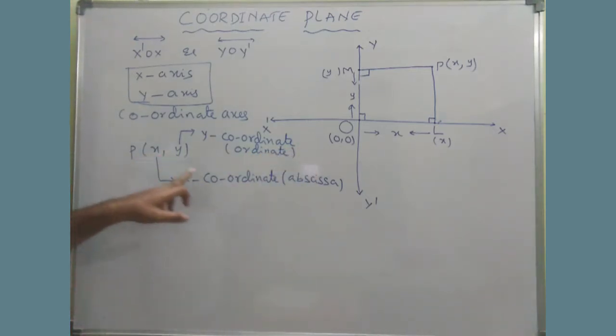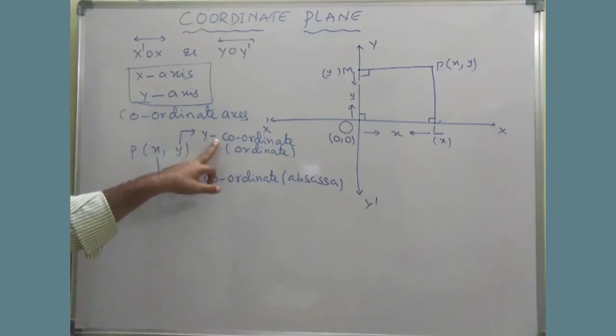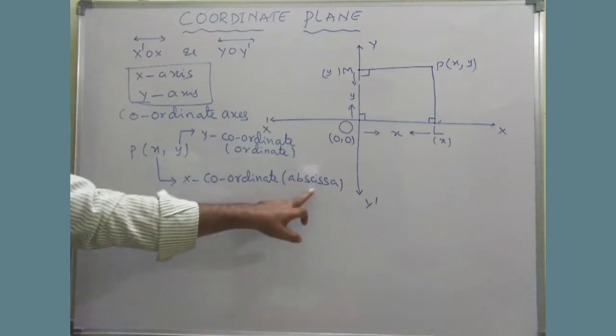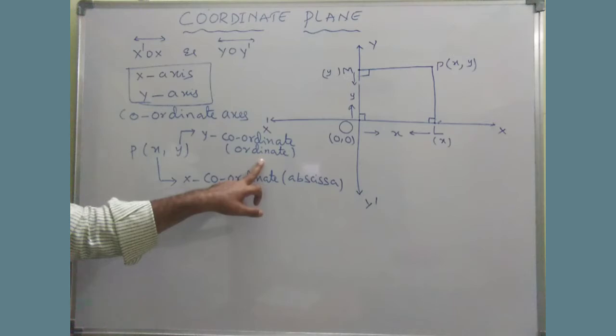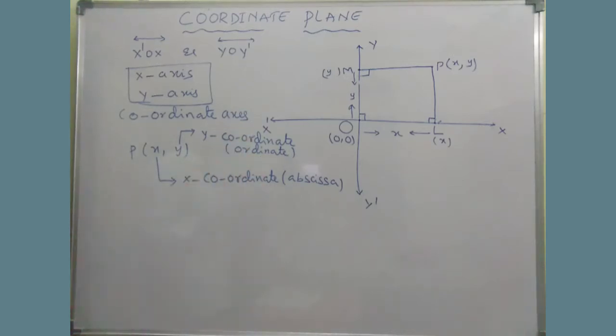So x represents the x coordinate and y represents the y coordinate. The x coordinate is also called the abscissa, and the y coordinate is also called the ordinate.